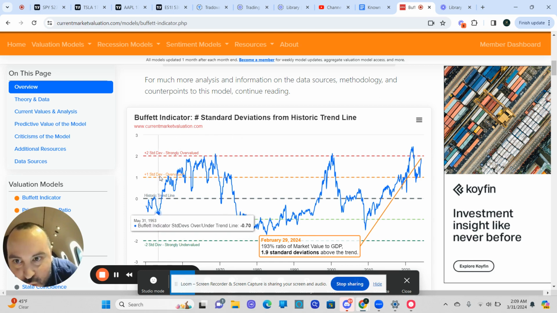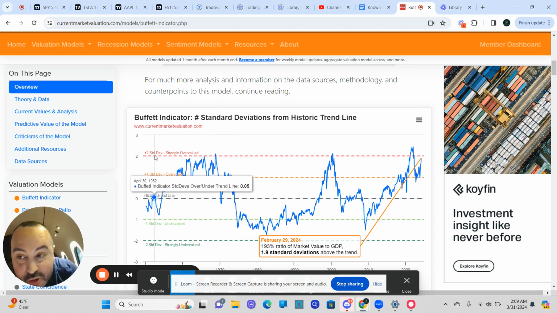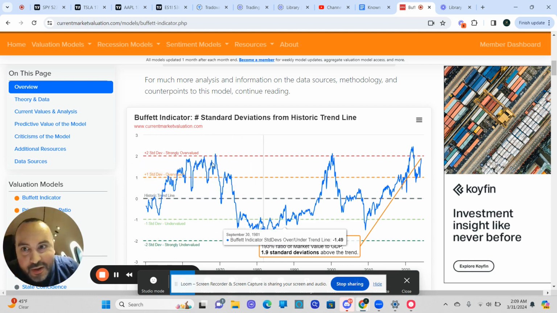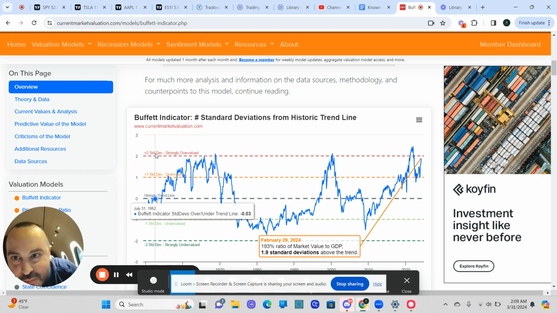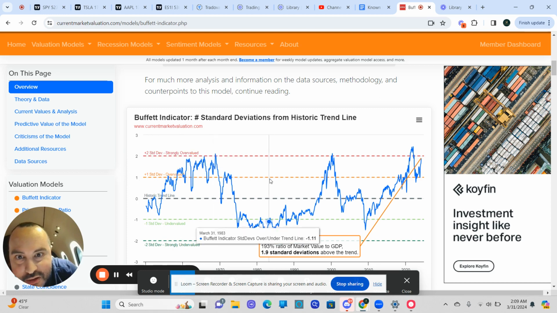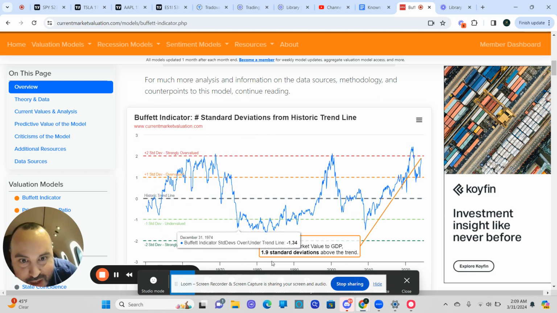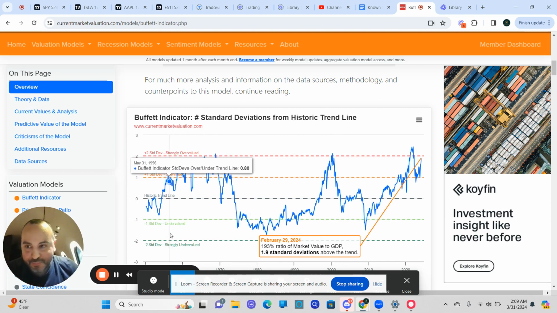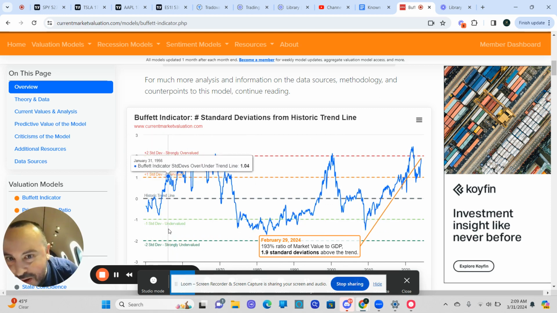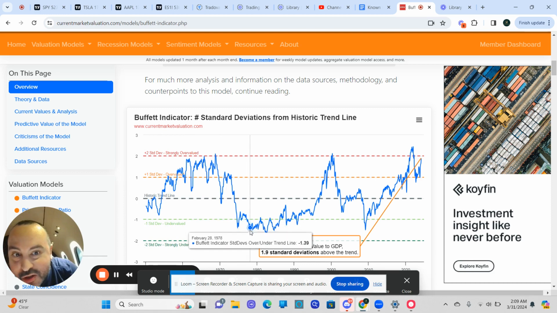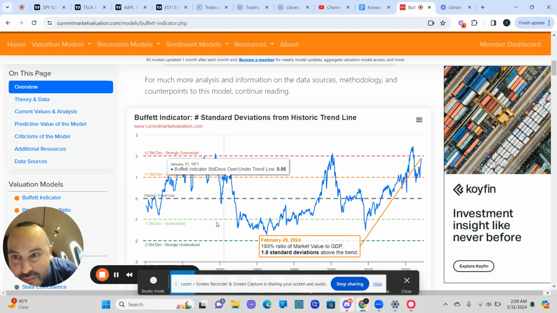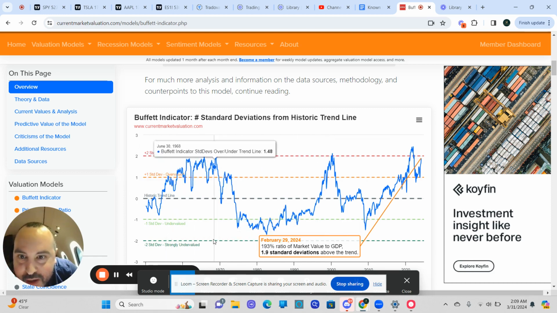Now you have a +1 deviation, then a +2 deviation up here. This is the one I want you to concentrate on, the +2 deviation and the -2 deviation. And God forbid we ever get to 3 or -3. But pretty much, when you start to bottom around this -1, -2 area, the stock market is looking for a bottom.